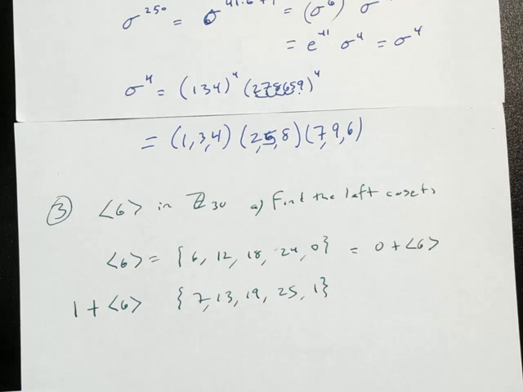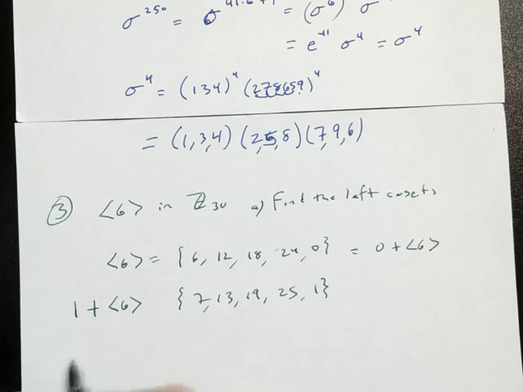Before I go any further, how many cosets should I have? Including the original itself, I should have 6. So that means 1, 2, 3, 4, 5, 6.